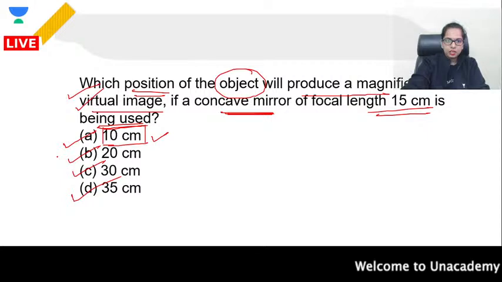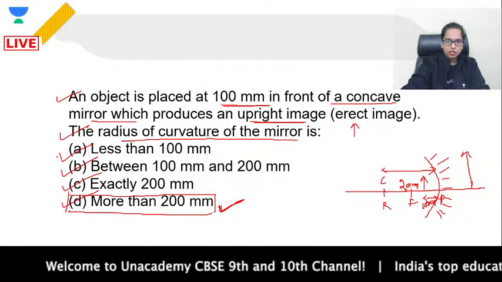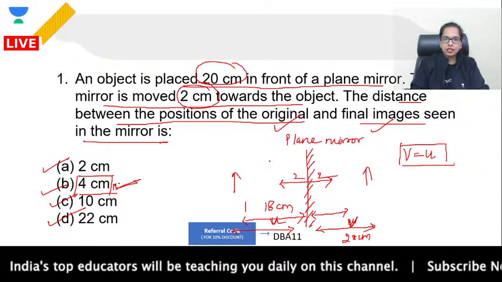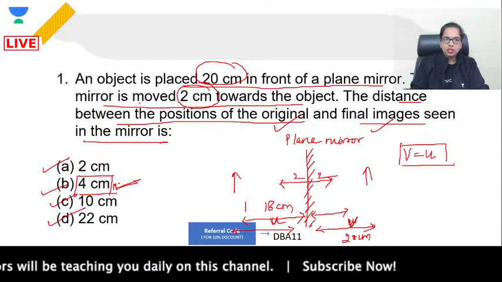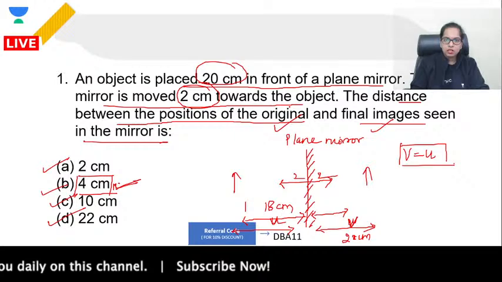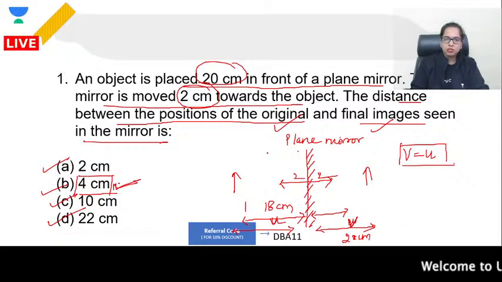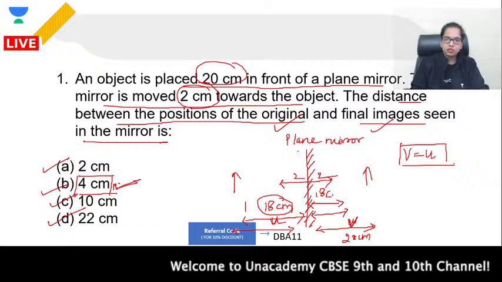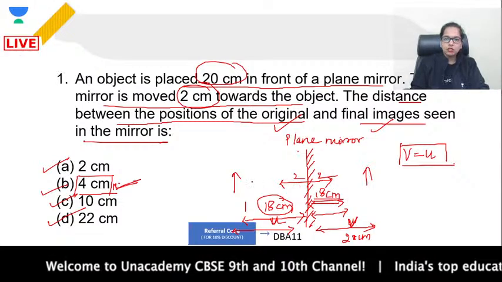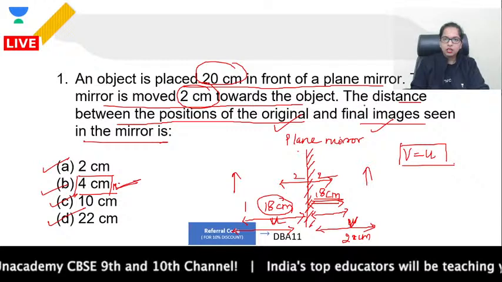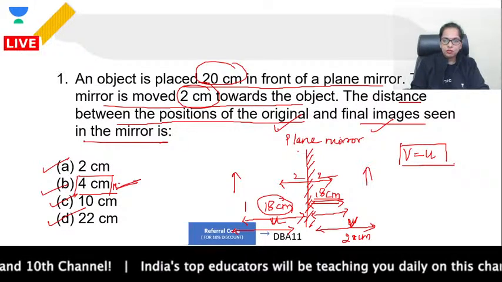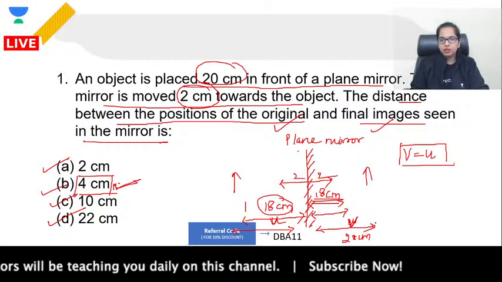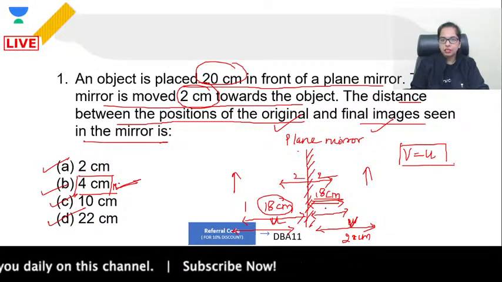Just a minute. Let me come to the first question again for Lavanya. An object is placed 20 centimeters in front of the plane mirror. The mirror is moved 2 centimeters towards the object. So if it is moving 2 centimeters towards the object, the final distance will be 18 centimeters, because the object is fixed, only the mirror is moving. The distance between the original and the final image seen in the mirror: earlier it was at 20 centimeters, now it is at 18 centimeters.